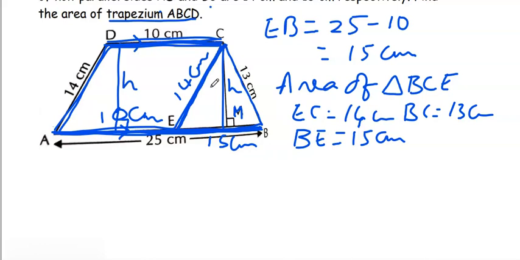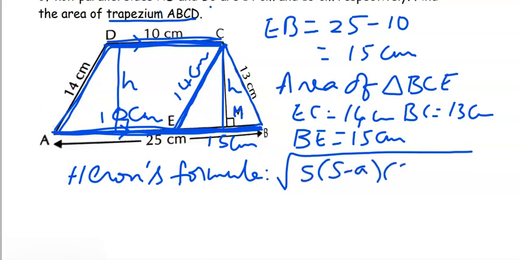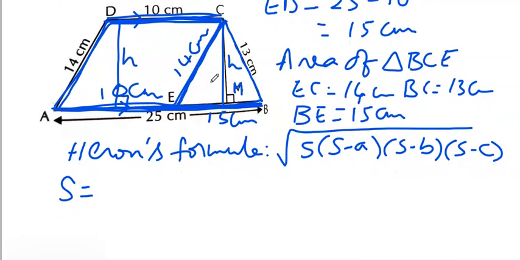What does Heron's formula say? Heron's formula is the square root of S into S minus A into S minus B into S minus C. What are these S and A, B, C? S is the semi-perimeter of the triangle.